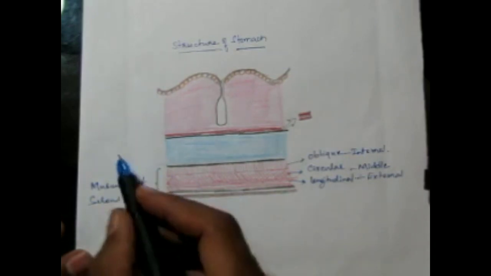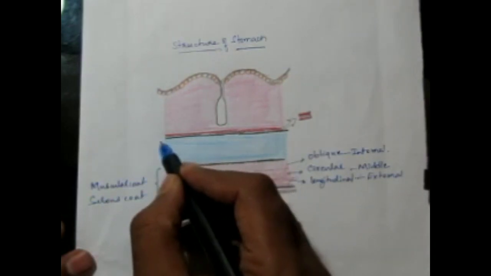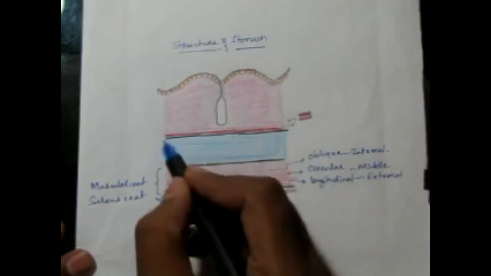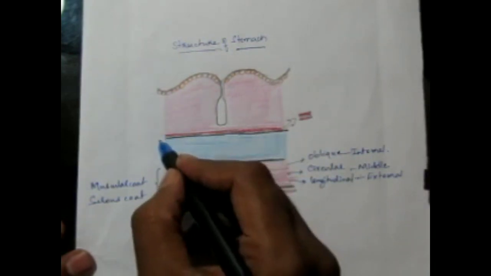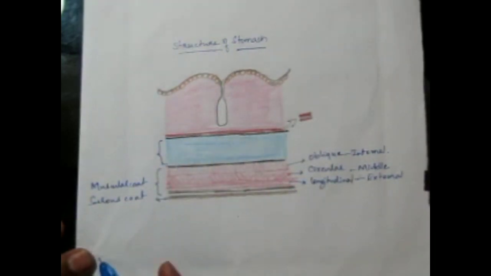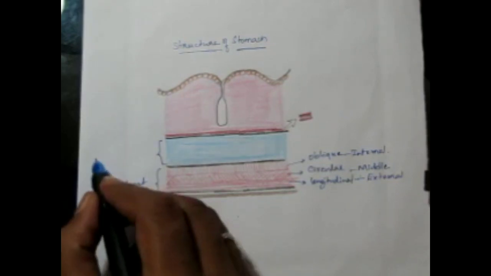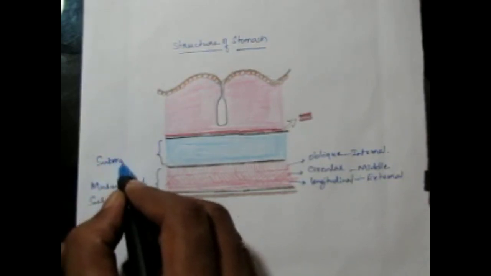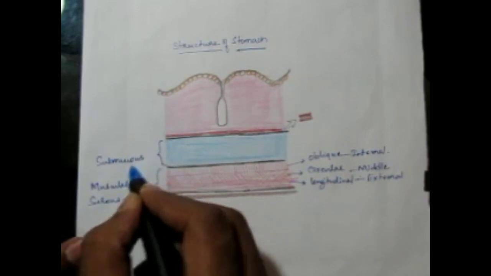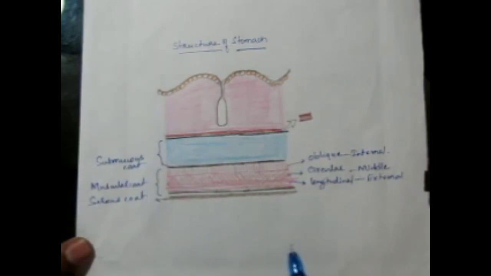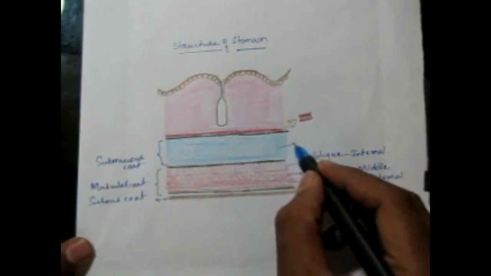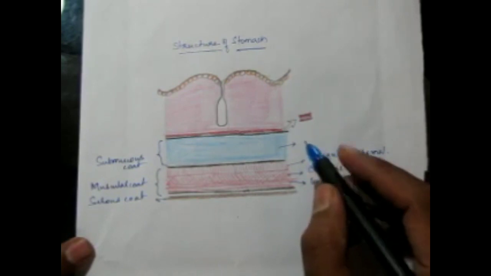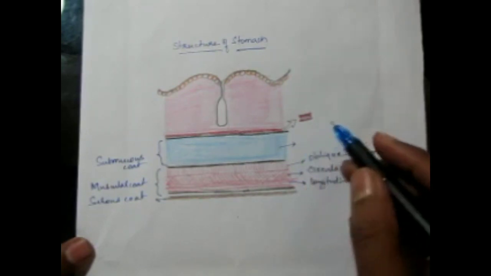The third one is the submucous coat. Submucous coat usually consists of loose areolar tissue.